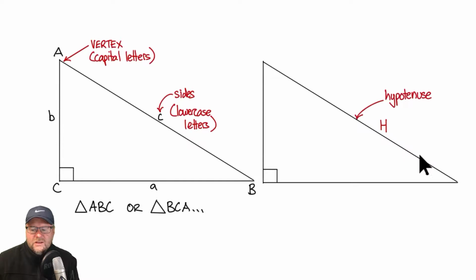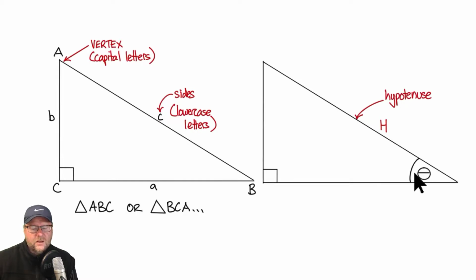So if this side is the hypotenuse on a right-angled triangle, what do I call these sides? Do these have a particular name as well, or a particular feature of them? Well, they do, but it kind of depends on one important thing. It depends on an angle. And in a question in trigonometry, if I'm given an angle or a symbol to represent this is the starting point, or this is the angle I'm using as my reference point, and angles are usually represented by Greek letters, in this case the letter theta.